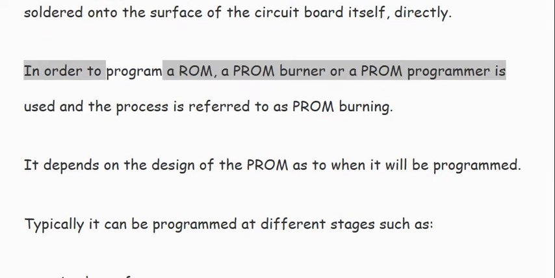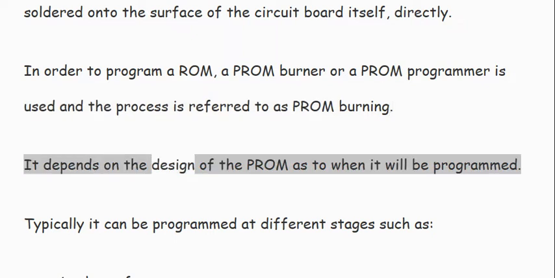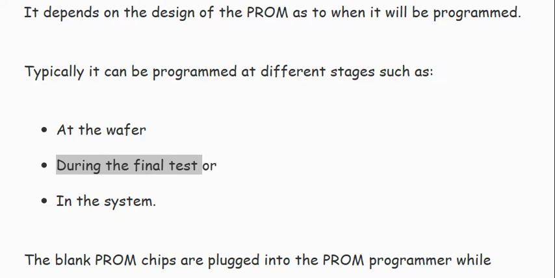In order to program a ROM, a PROM burner or a PROM programmer is used, and the process is referred to as PROM burning. It depends on the design of the PROM as to when it will be programmed. Typically, it can be programmed at different stages such as at the wafer, during the final test, or in the system.